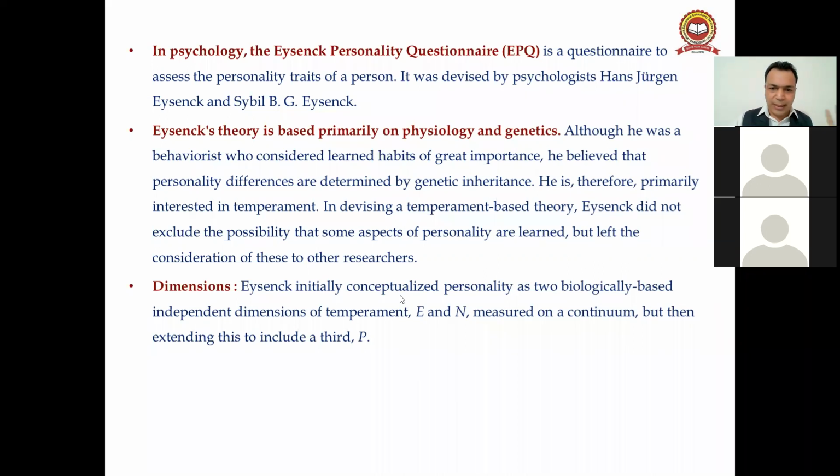Okay, the last one is dimensions. Eysenck initially conceptualized personality as two biologically based independent dimensions of temperament, E and N. E stands for extroversion, N stands for neuroticism, measured on a continuum, but then he extended this to include a third, P. P is psychoticism, right?